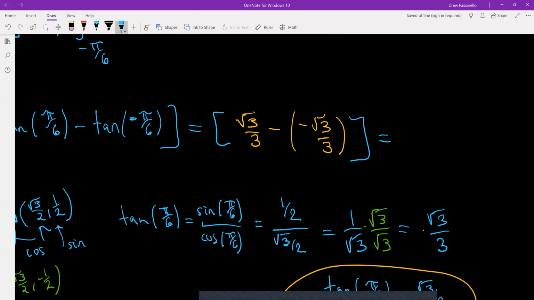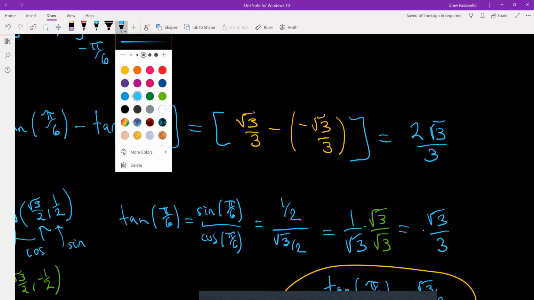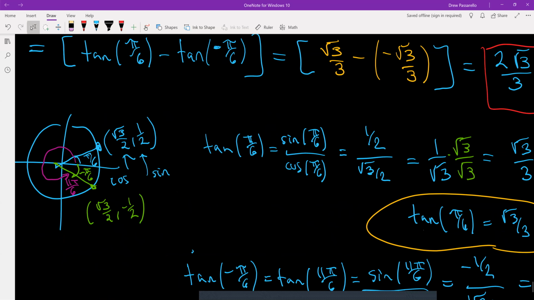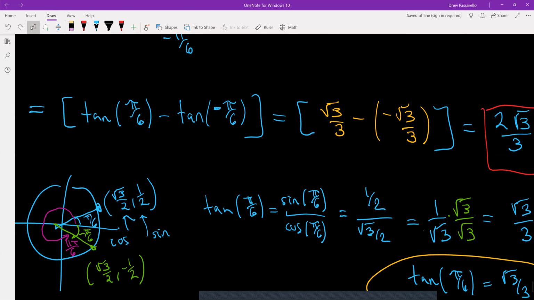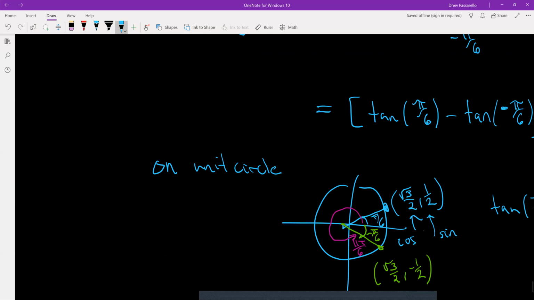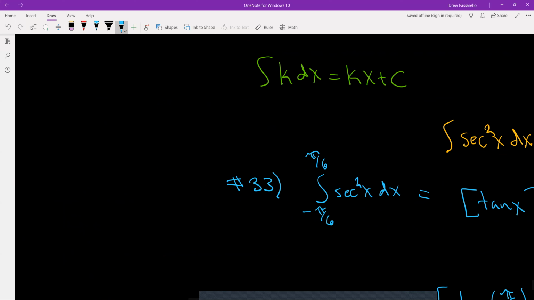All right, so that's 2 square root of 3 over 3. And all of this down here is scratch work. All right, so that's that question.